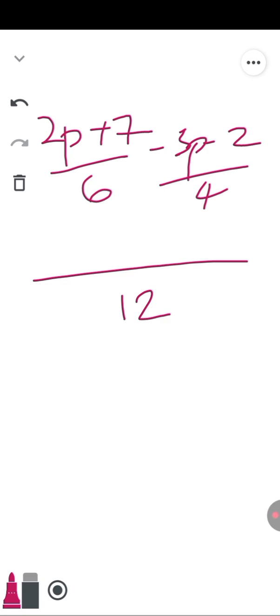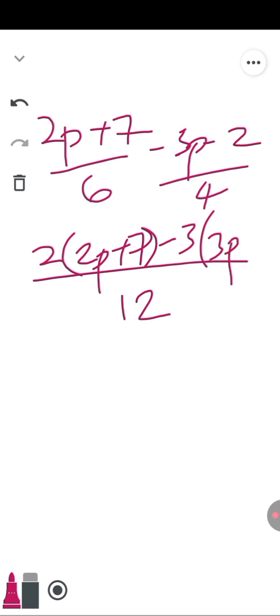Is that okay now? So now let's work. 12 divided by 6, that's 2 into (2p plus 7). 12 divided by 4, that's 3. This minus here, okay? Minus 3 into (3p minus 2). Is that okay now? So let's open the bracket.